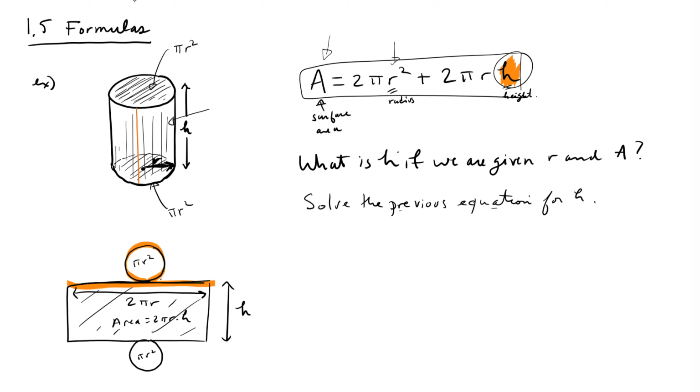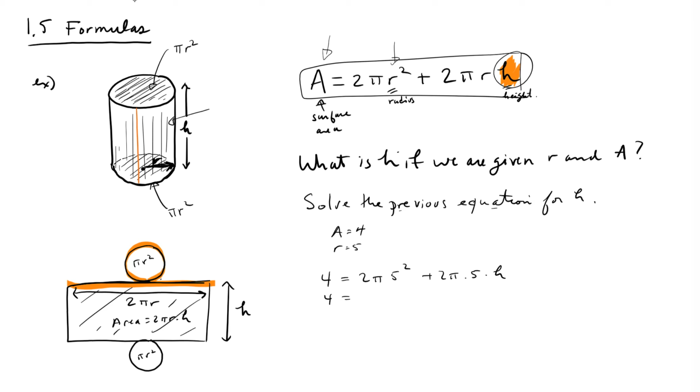Just to give you an idea, let's start with numbers. I know that students like to work with numbers first, or at least they picture things better with numbers. Let's say a is 4, r is 5. It would be 4 here. I would have 2 pi times 5 squared, which is 25, plus 2 pi times 5 times h.